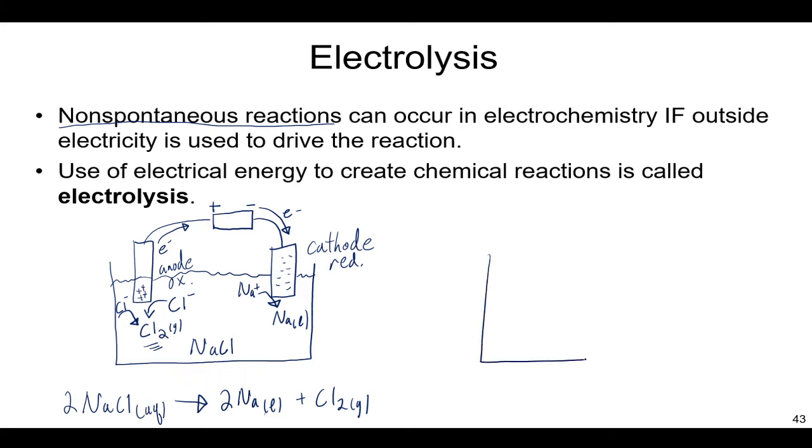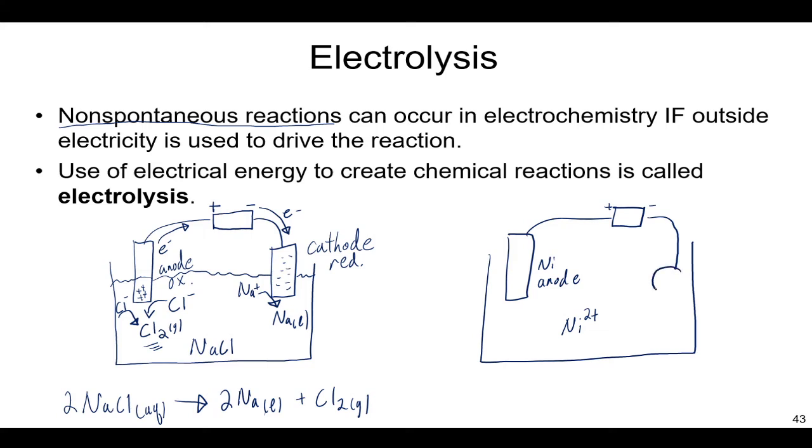Another example of this I'm not going to draw in detail, but another example of this is nickel. And you can have a solution of nickel 2 plus. You can have a nickel anode here. And you can hook up a battery again.